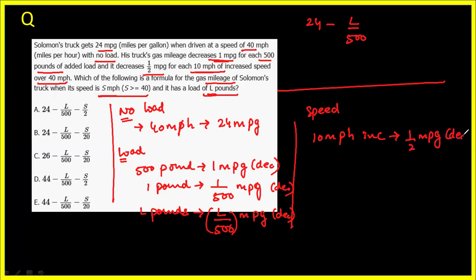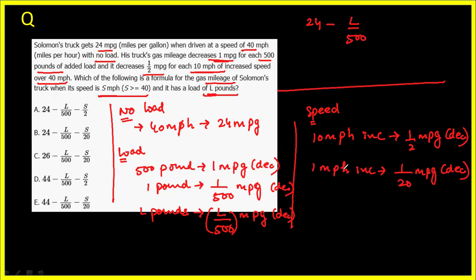Got this? That's the second criterion: if the speed increases by 10 miles per hour, the mileage decreases by 1/2. So what will it be if the speed increases by 1 mile per hour? Can we say it will be a decrease of 1/20 miles per gallon?